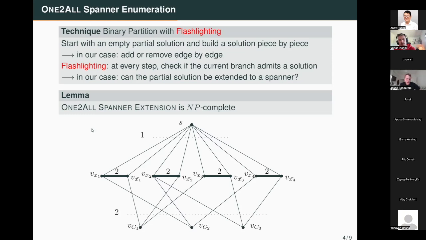One-to-all spanners all have to correspond to an underlying tree, even in the directed case. That makes it hard, because once you visit a vertex with a tree, that's done. You cannot come back to it, which makes it difficult to have a SAT choice there in some way. This was one of the ways we found, but that doesn't exist in directed graphs. So that's basically the difficulty, I think.